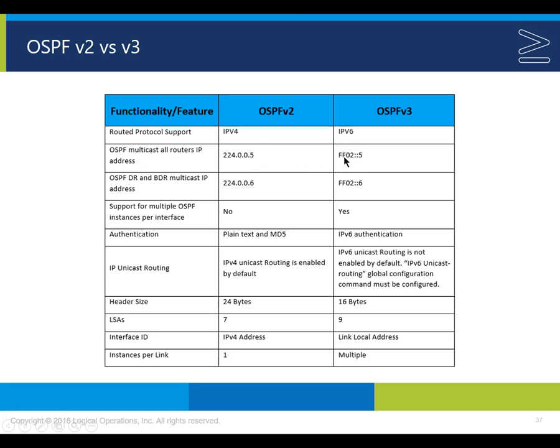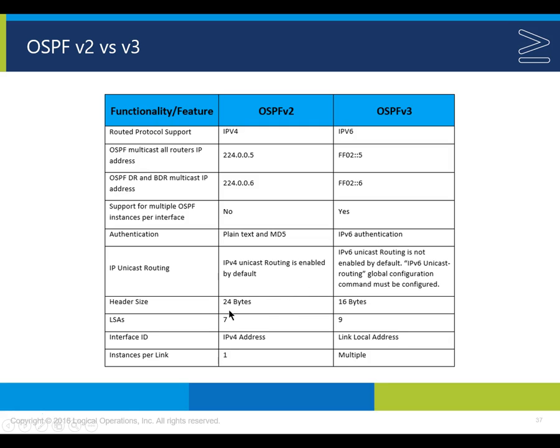FF02 for OSPFv3 tells us that it is an IPv6 multicast address, and then the DR and BDR multicast is 224.0.0.6, FF06. Multiple instances per interface, no and yes, and then authentication, plain text and MD5 authentication for OSPF version 2, and IPv6 authentication.